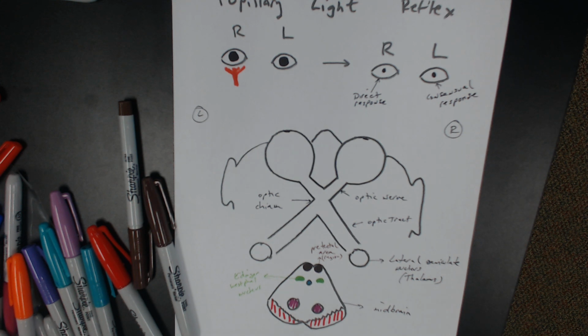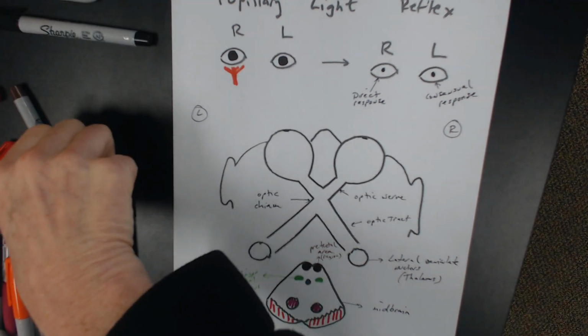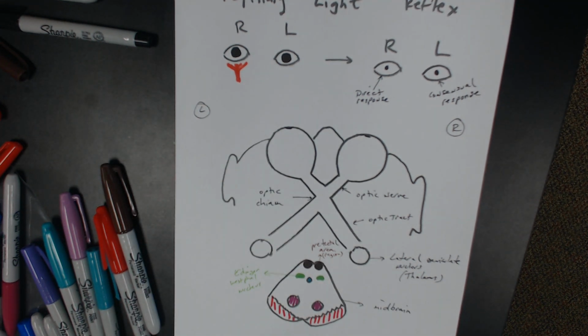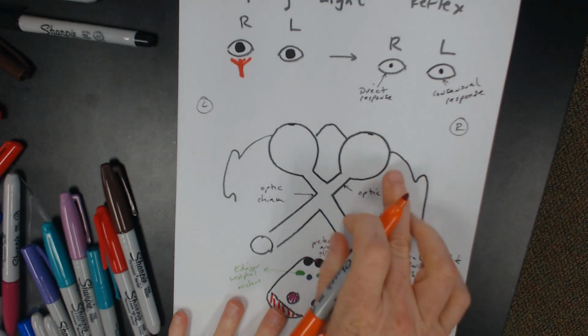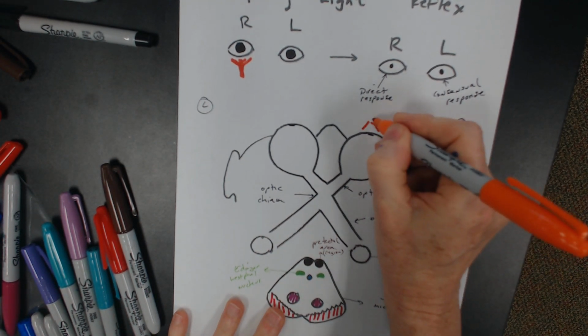And what I'd like to do with the diagram below is just kind of draw out how that happens. So in looking at this, no different than what we've seen before. This is the right eye. So I'm going to go ahead and take my flashlight and shine it in the right eye.